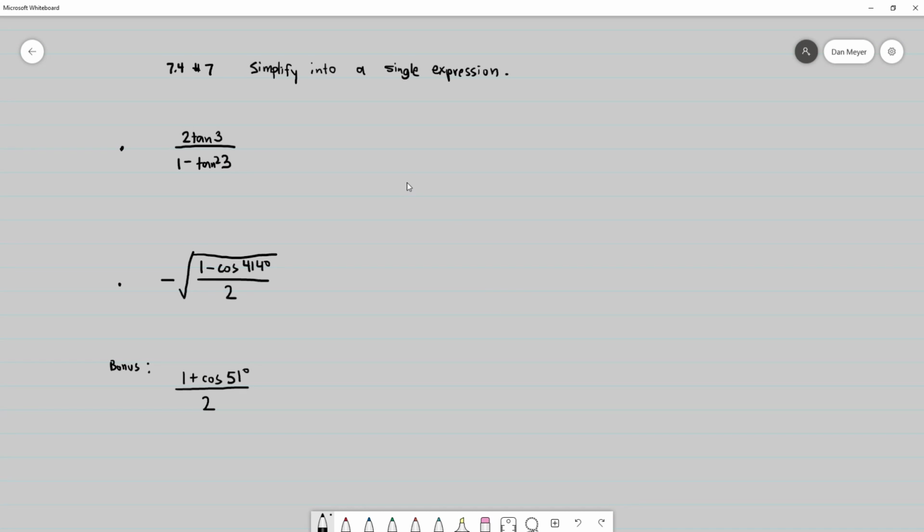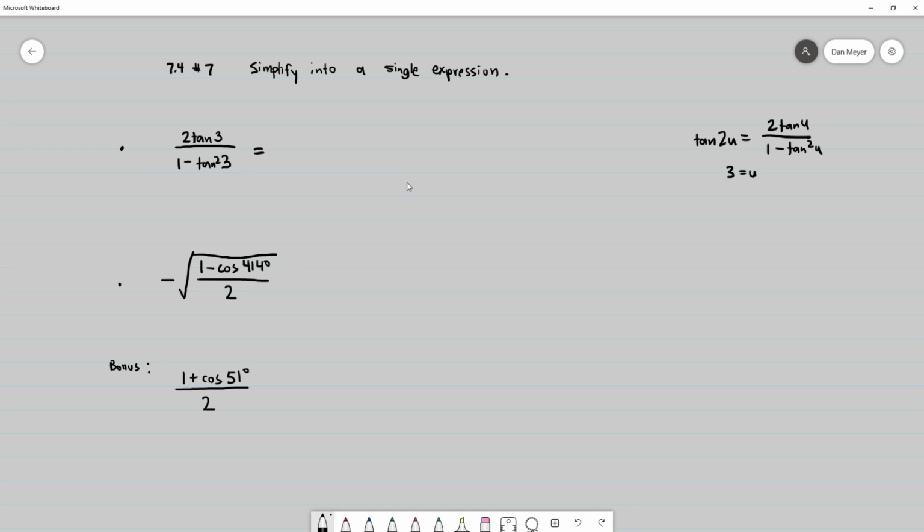So in this first one, we need to recognize one of our double angle formulas for tangent. Tangent of 2u is 2 tangent u over 1 minus tangent squared u. And that's exactly the form that this expression has, where 3 is playing the role of u.